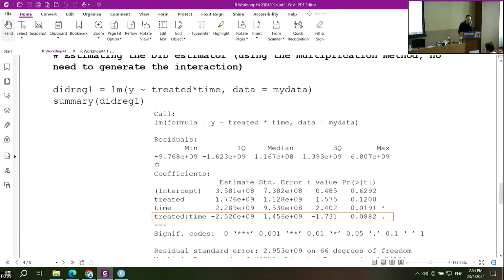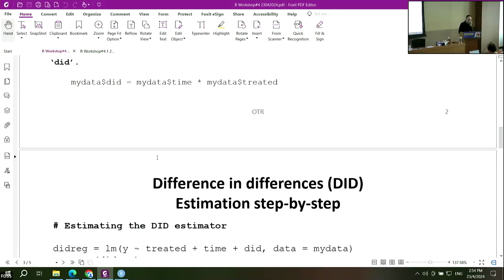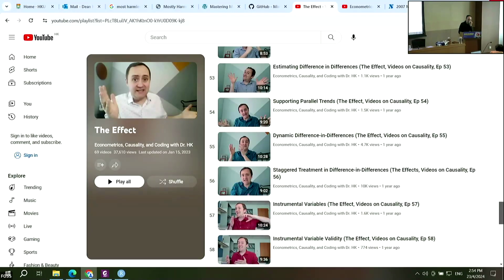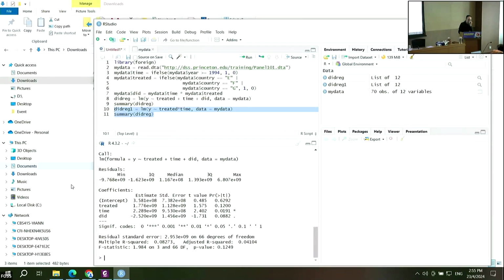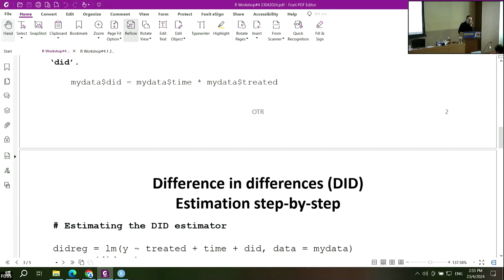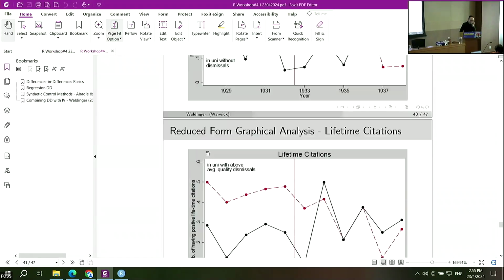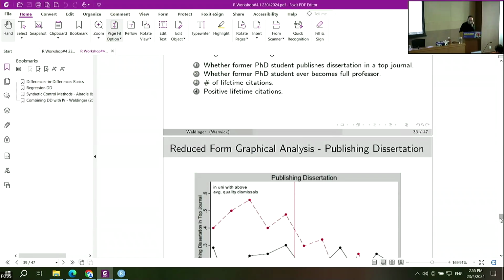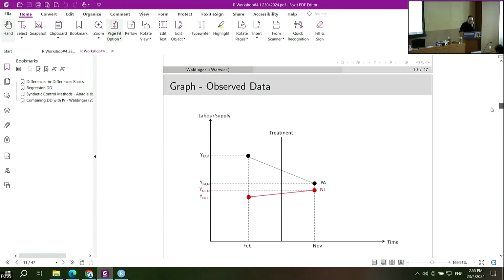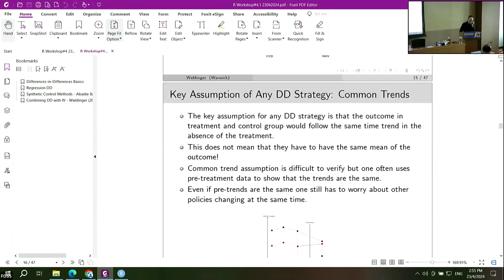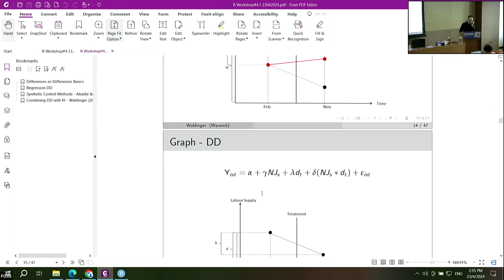Hold on 1 second. Actually, not this slide, but the other one. Yes, this one. One of the advantages of using DID is that you can do multiple periods for sure.